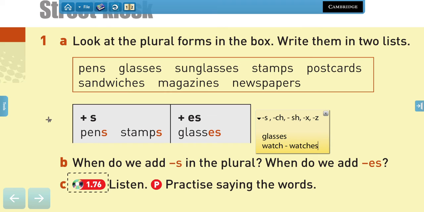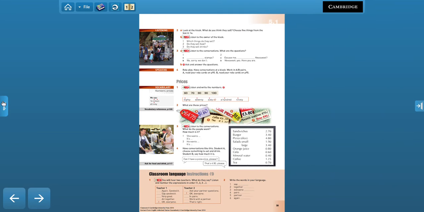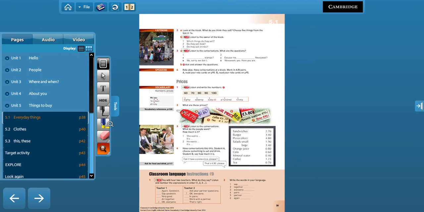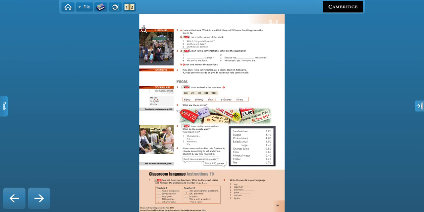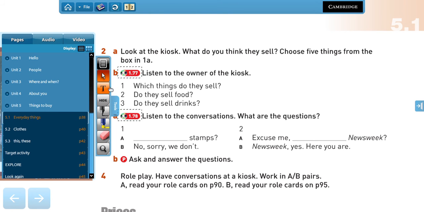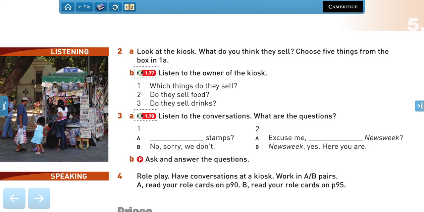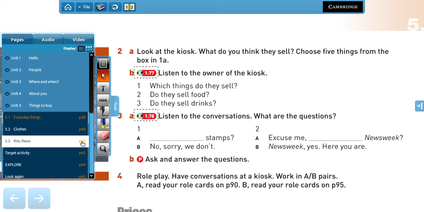There are more exercises as always on the Aula Virtual, so you can practice some plurals as well. Now, let's see. What do we have here? We have a listening. So, it says, look at the kiosk. What do you think they sell? Choose 5 things from the box in the previous exercise. So here we have a kiosk, right?